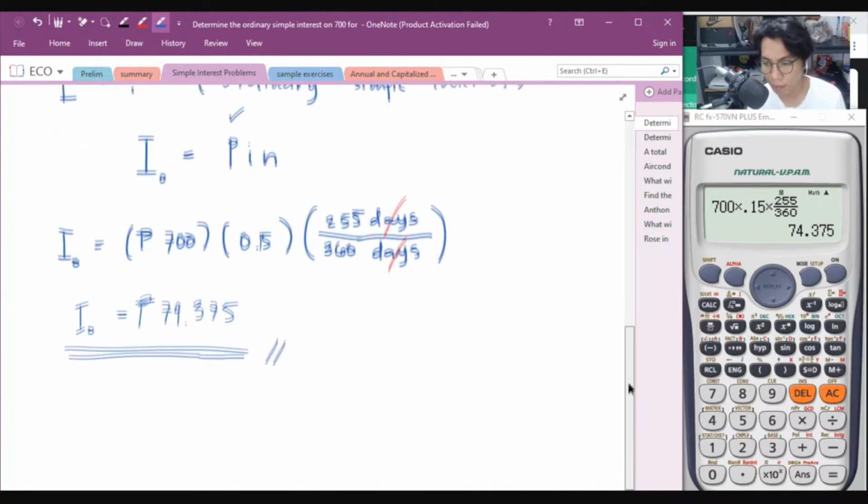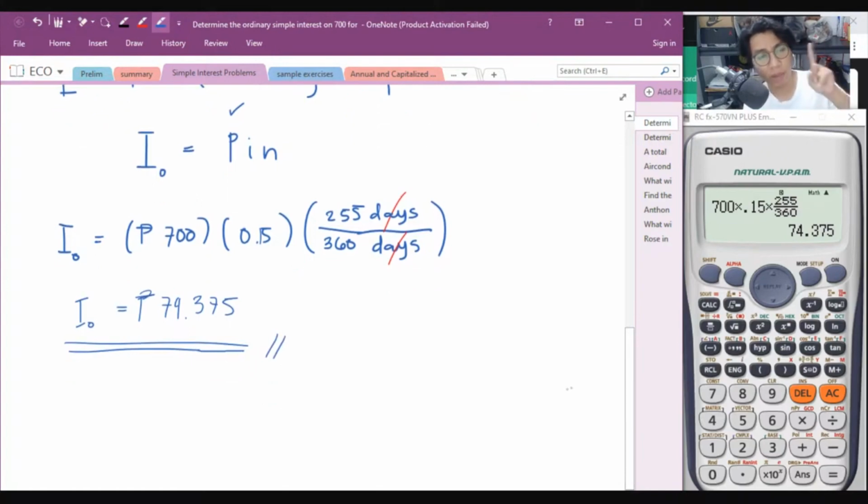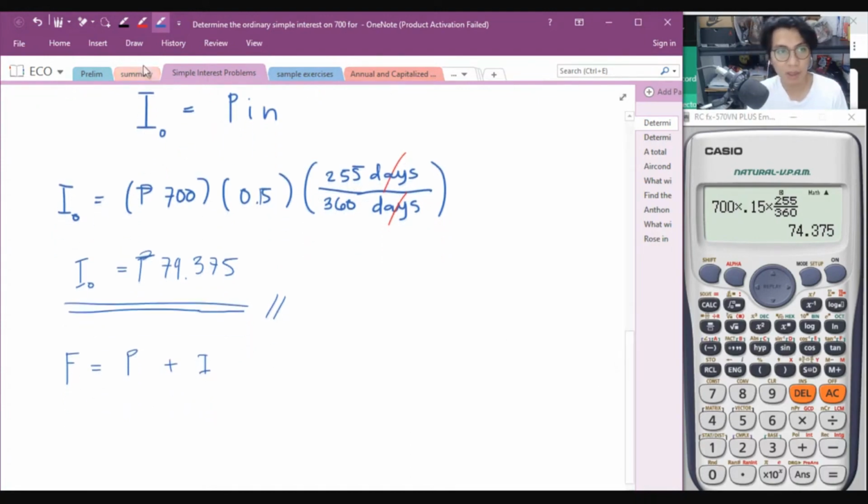What if I want to find the future worth of the money? We apply this one. The future worth of the money is P plus I. What is your principal? The principal is 700 pesos plus 74.375 pesos.